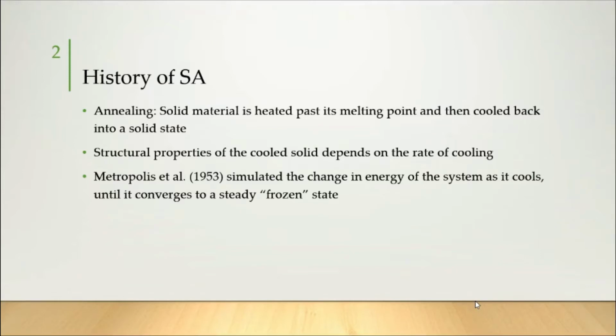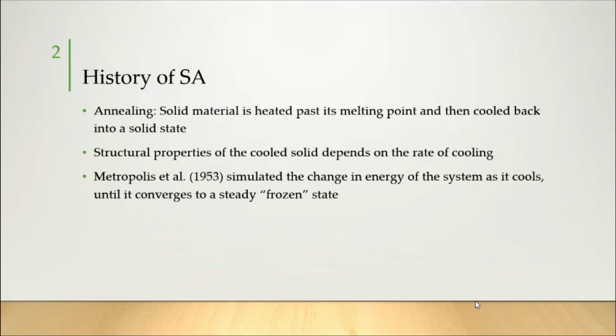So a material is heated past its melting point and becomes liquid, and then it is allowed to cool on its own in the ambient air. The ambient air is used because the cooling rate has to be very low.